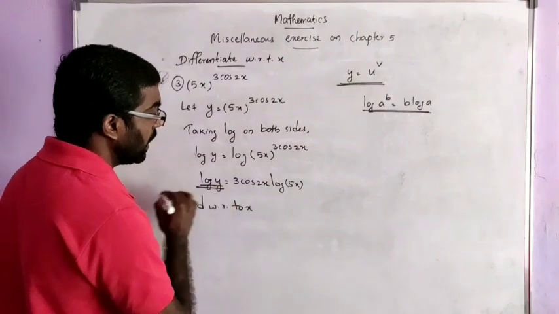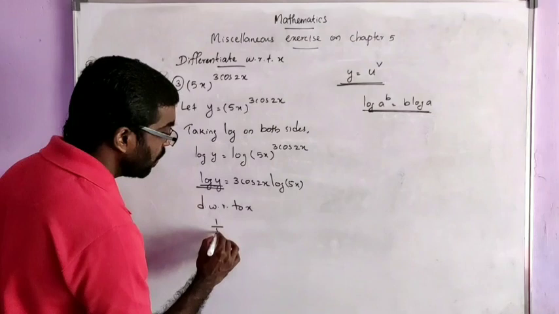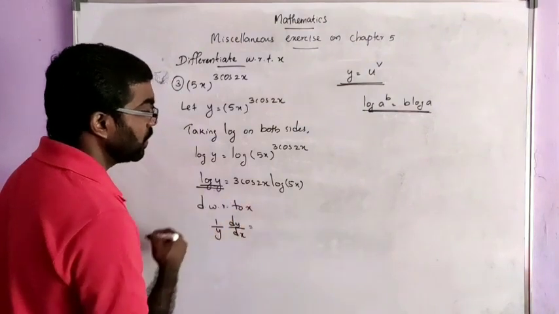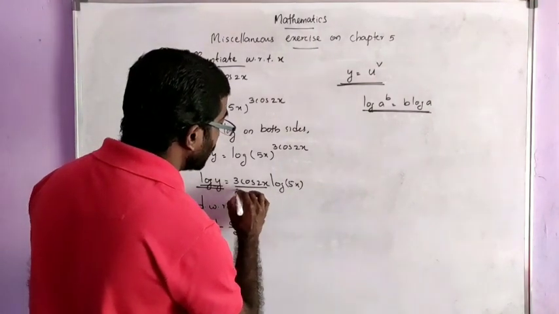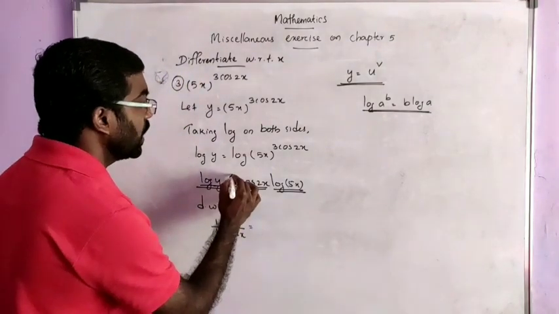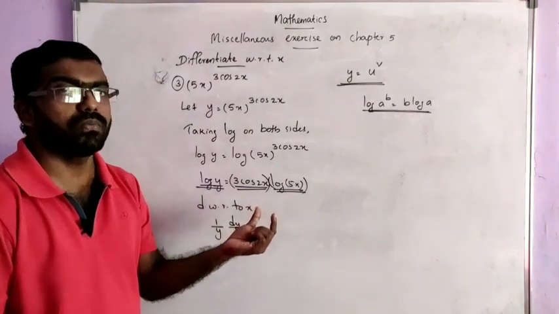So here on the LHS it's log y, and the derivative of log y is 1 by y into dy by dx, which is equal to, and on the RHS the terms are 3 cos 2x and log 5x. So the first one you can take as u and the second one as v. That means it's in product form.